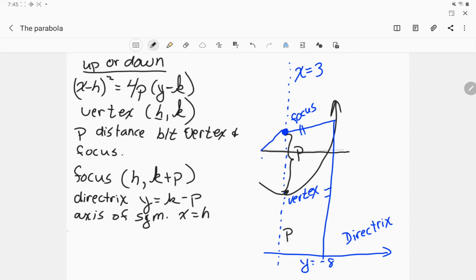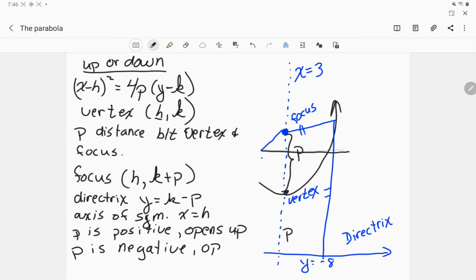Now, the only other note about this is if P is positive, then the parabola opens up like this one. If your P works out to be negative, then your parabola opens down. It's upside down, okay? Your parabola would open the other way.